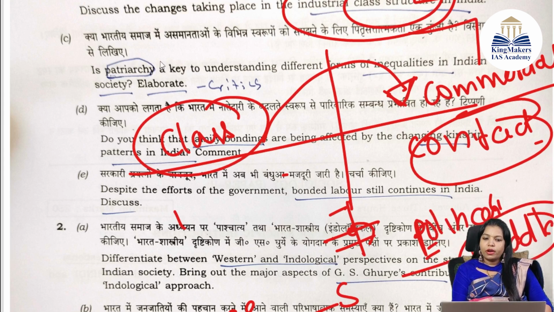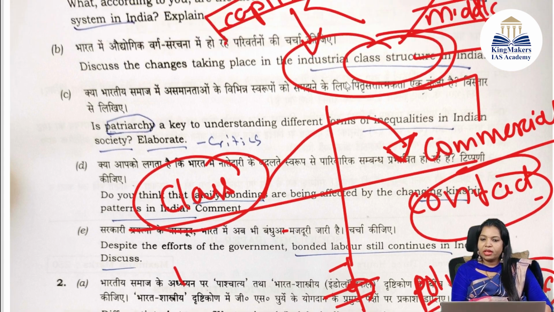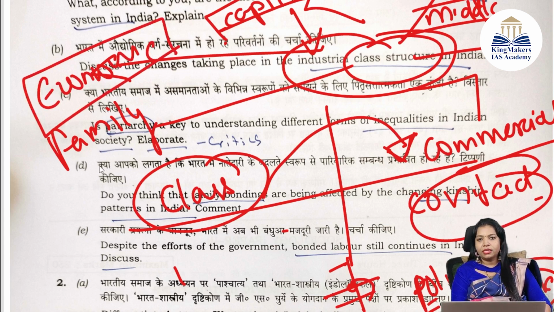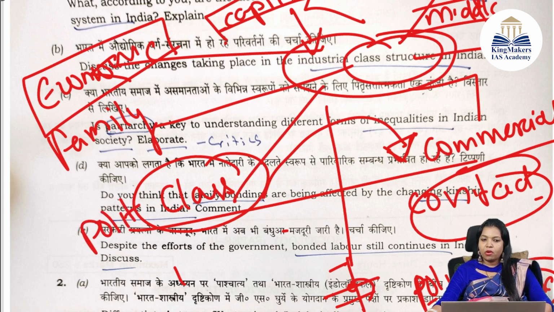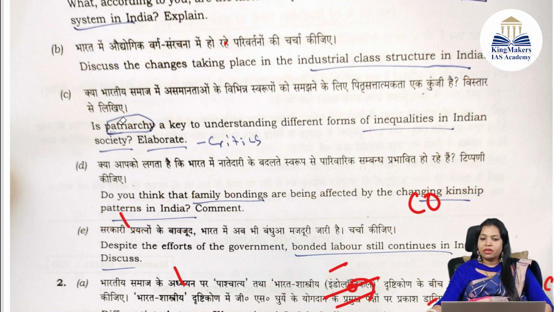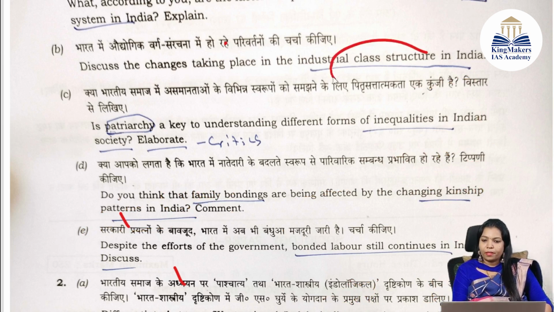So when describing the changes taking place in industrial class structures, you have to take care of the social aspect like family, religion, the secularization concept, etc. Then economically they are contributing more in taxes, and at the political level they know what the political need of the country is. So class structure in India is changing the demography of India as well. So this is also something you can think about.